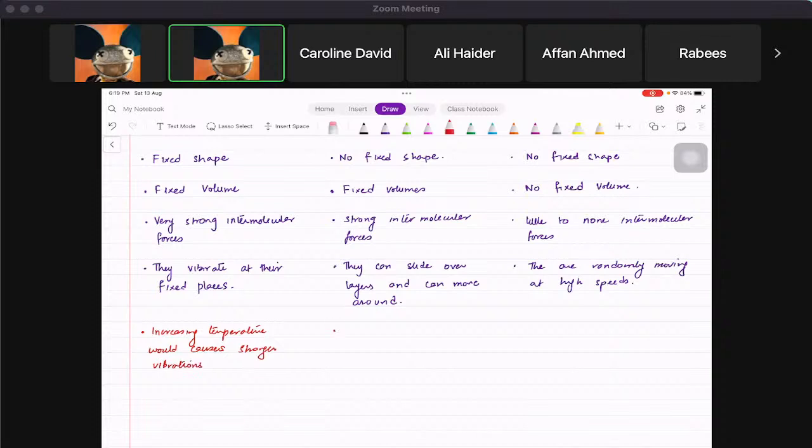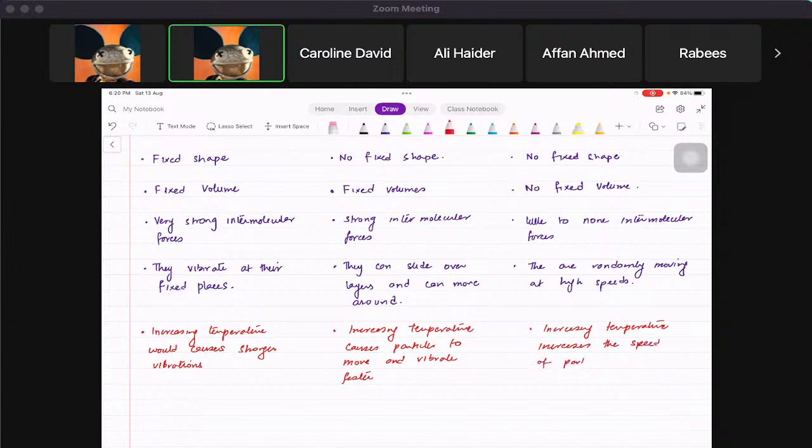In liquids, increasing temperature causes particles to move and vibrate faster. In gases, increasing temperature increases the speed of particles. Is it clear? So particles could be like molecules, ions, electrons, whatever, right? So that happens with temperature.